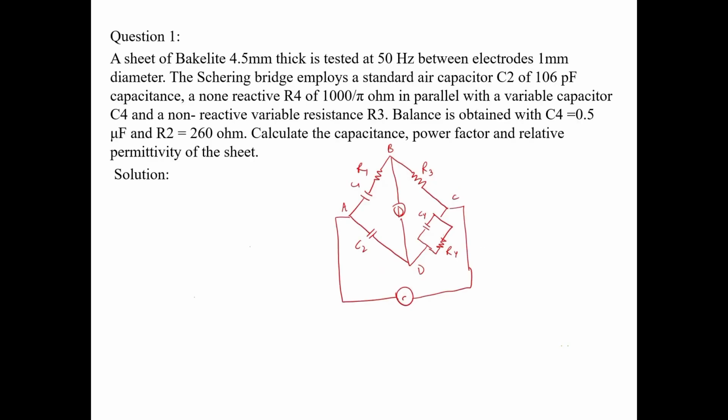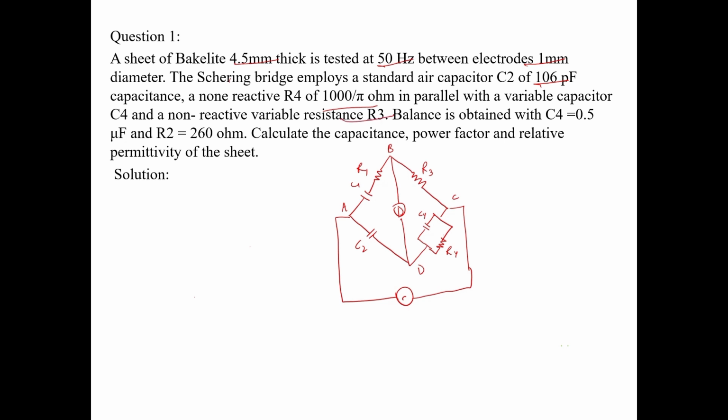The question 1 says a bakelite sheet 4.5 mm thick is tested at a frequency of 50 Hz between electrodes 1 mm diameter. The Schering bridge employs a standard air capacitance C2 of 106 picofarad, a non-reactive resistance R4 of 1000 by pi ohm in parallel with a variable capacitance C4, and a non-reactive variable resistance R3.